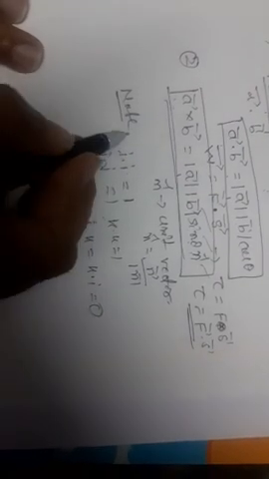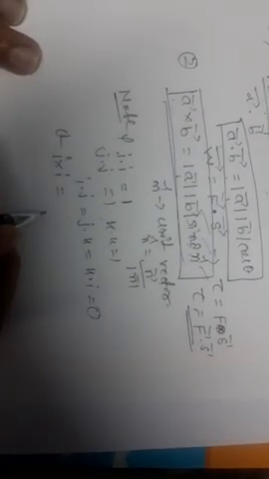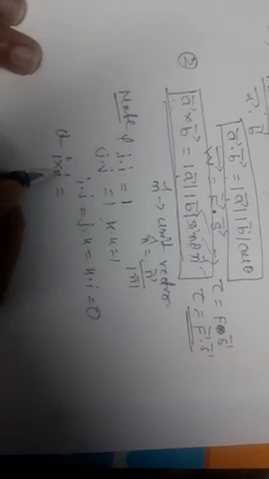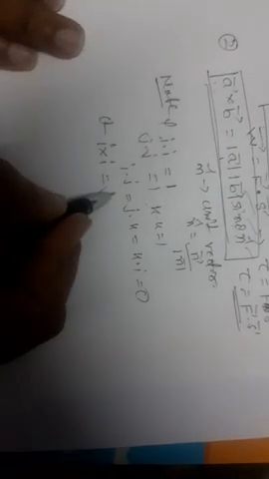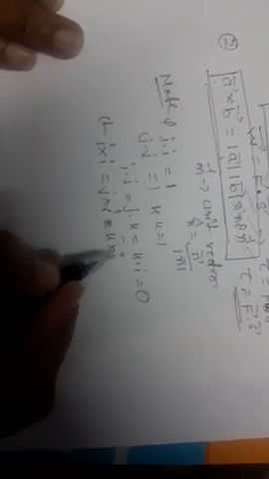And the second is cross product. The cross product of any two vectors: i cross i, j cross j, k cross k, that value is 0.